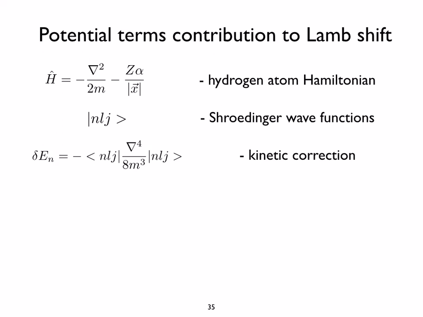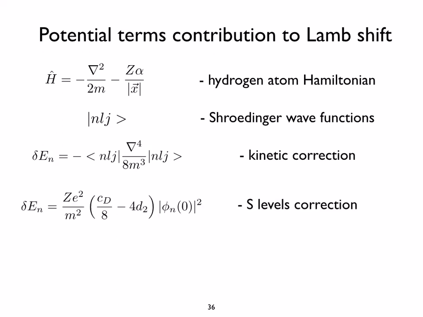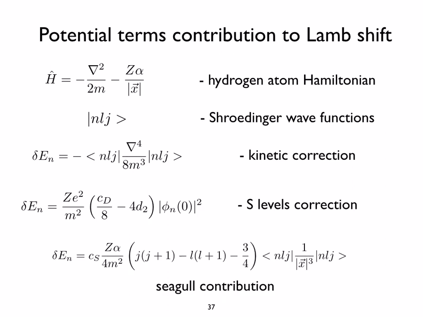Then the contribution which comes from the Darwin term and also from the earlier Heisenberg Lagrangian, which is a correction only for s levels due to the wave function at 0, and also the contribution from the Seagull type of graphs. And the contribution from hard photons is encoded in Wilson coefficients, and so it's also included in these corrections.